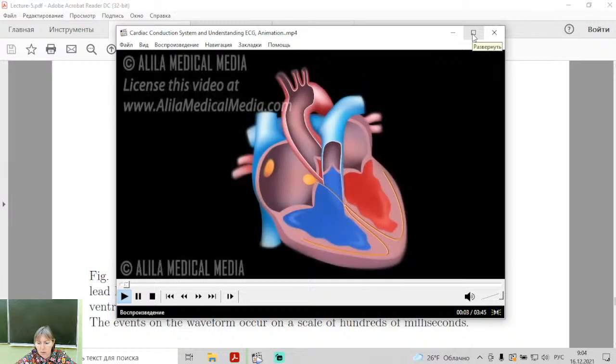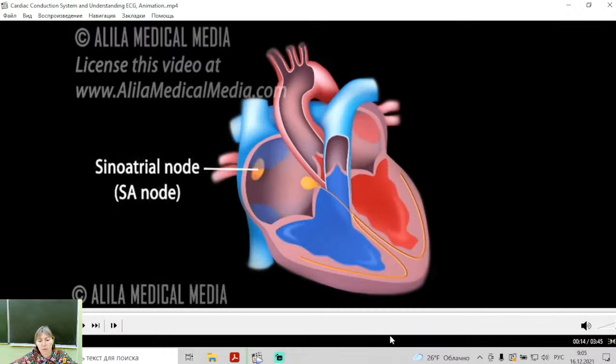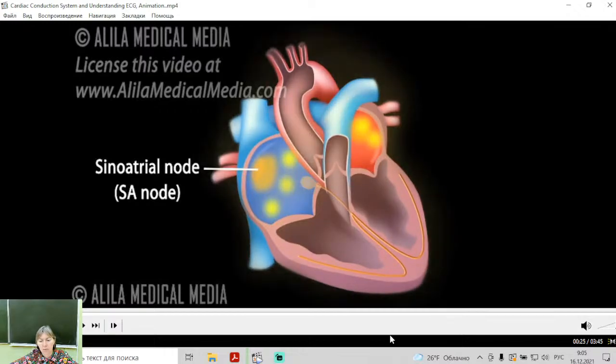The cardiac conduction system consists of the following components: the Sinoatrial node, or SA node, located in the right atrium near the entrance of the superior vena cava. This is the natural pacemaker of the heart. It initiates all heartbeats and determines heart rate. Electrical impulses from the SA node spread throughout both atria and stimulate them to contract.